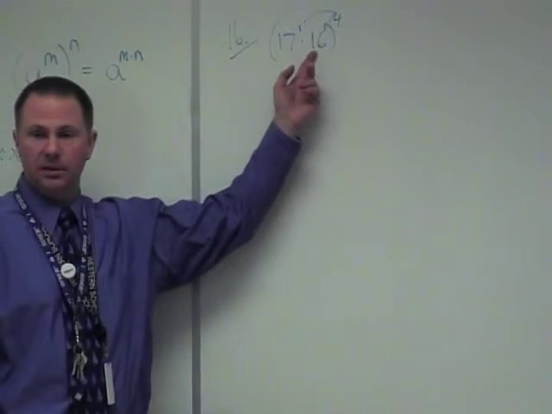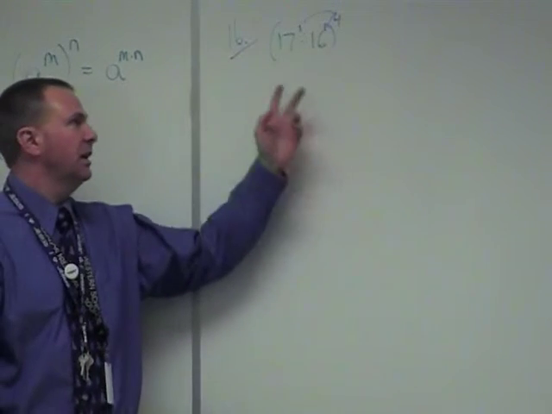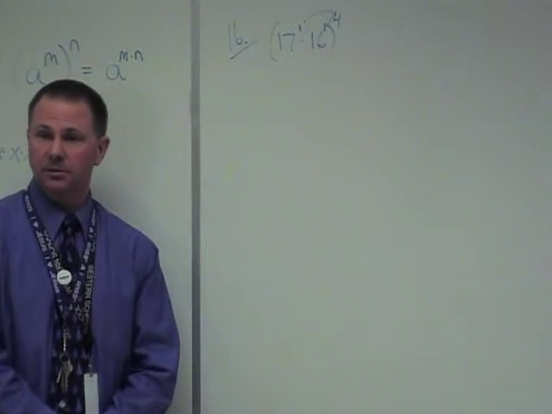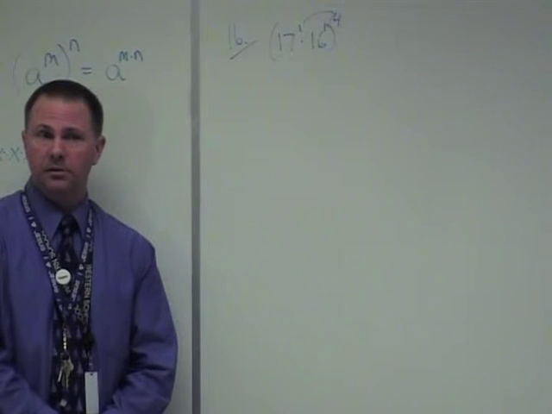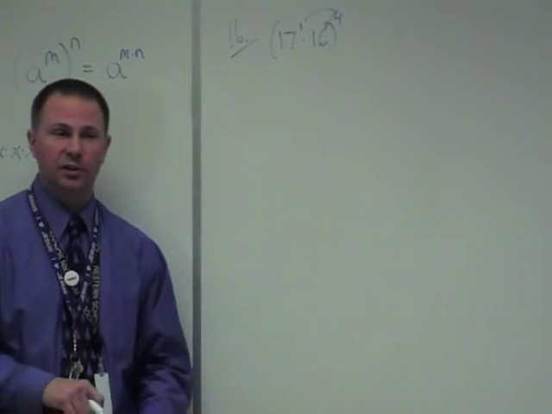Here, there's nothing you can do in here. Here, you could go ahead and multiply 17 times 16, and then take it to the 4th, or take each of them to the 4th and then multiply. You get the exact same answer. But we're supposed to keep the exponent. Whatever the instructions say.